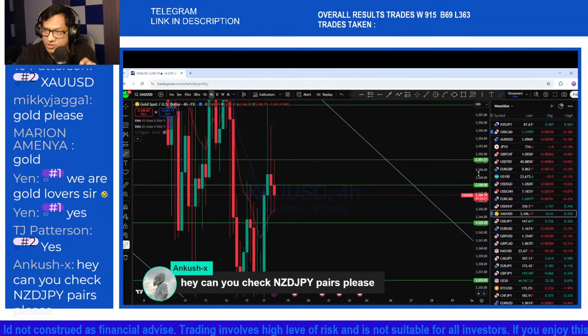If the ATR here is 29 pips, we'll be placing the stop loss at 1.5 ATR. So here we will be placing a sell limit at this level at the 4-hour high, expecting the market to break that session's high.